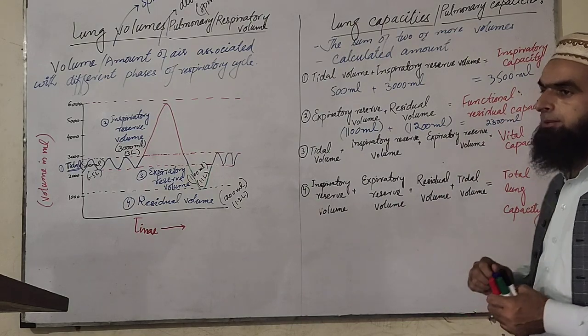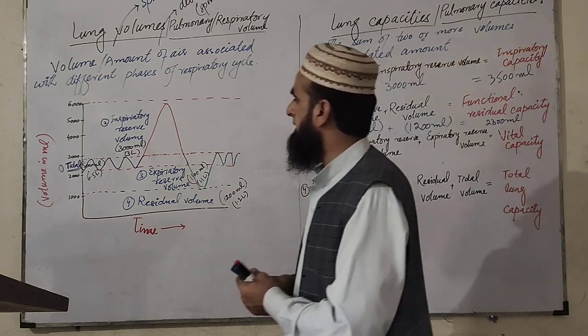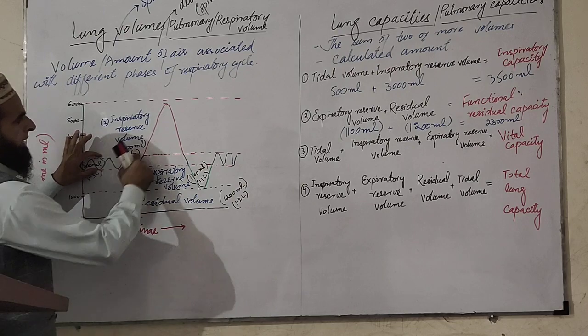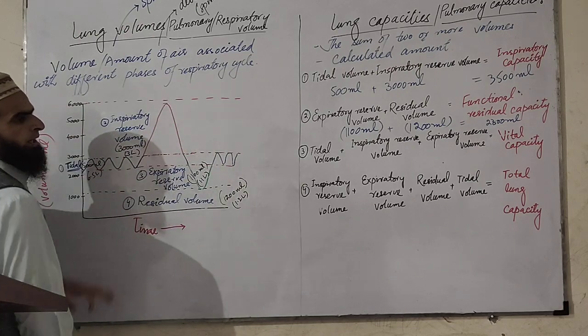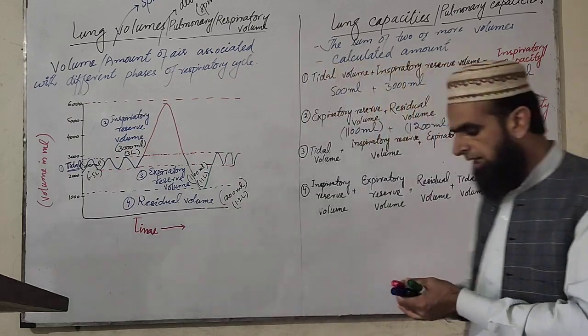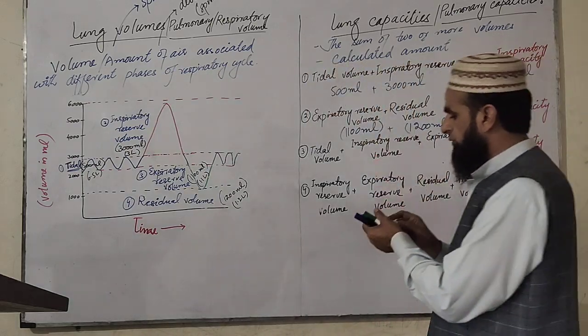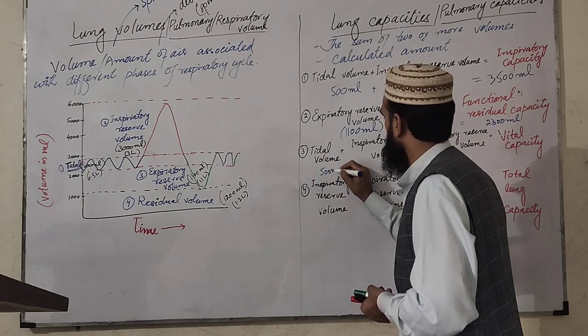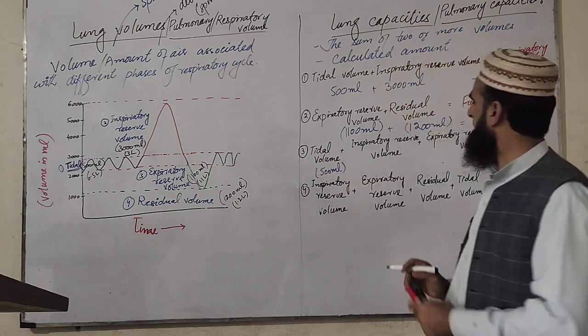Next is the vital capacity. Vital capacity is that capacity in which we take the tidal, inspiratory and expiratory reserve volume. That is the vital capacity of the lungs. Tidal volume, I think it must be clear to you, is 500 ml.